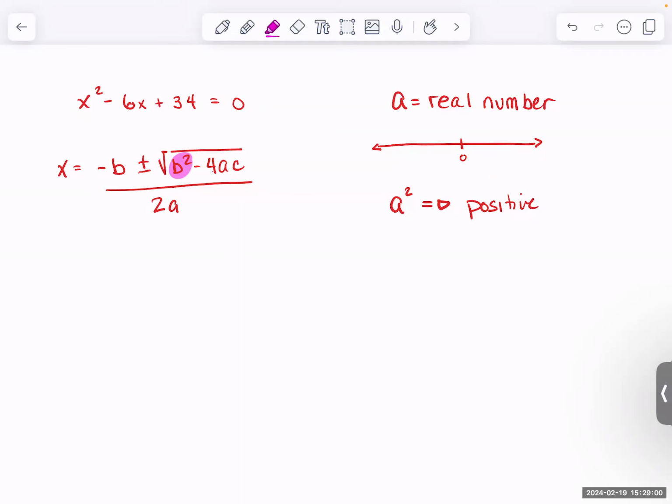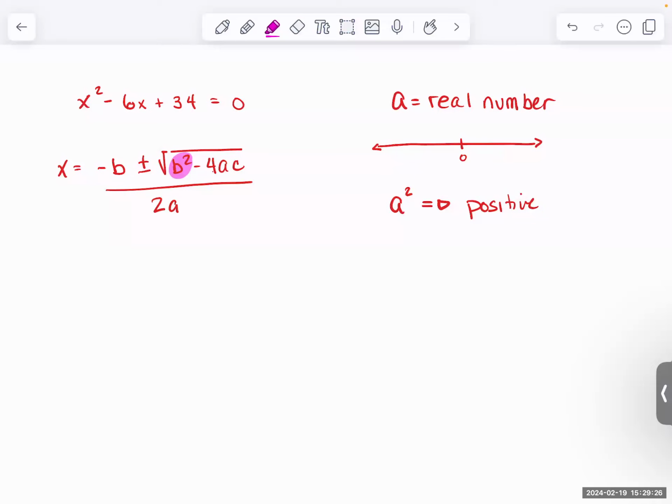A, b, and c are real numbers. They are the coefficients on the x squared term, the x term, and the constant in your quadratic equation. The first term underneath that radical in the quadratic formula will never, ever be a negative number. Never.